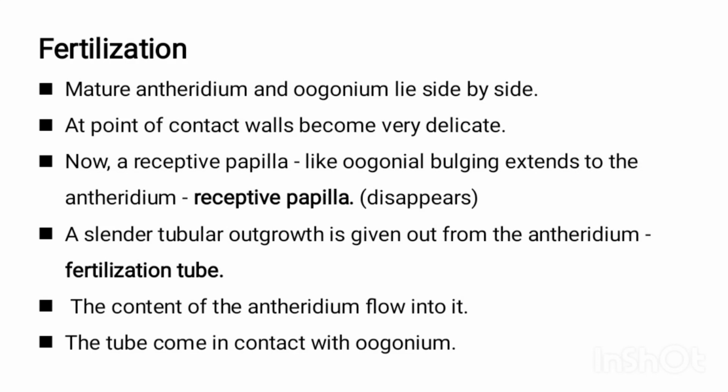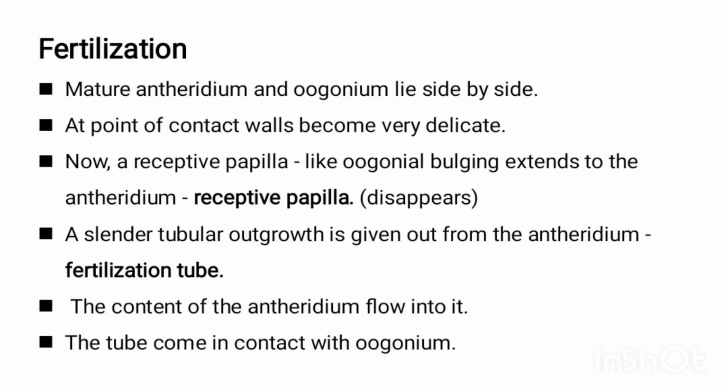Now let's look at the fertilization. The mature antheridium and the oogonium will come close, that is, they will lie side by side. At the point of contact, the wall layers become very delicate, and the oogonium gives out a receptive papilla, which is a small outgrowth.